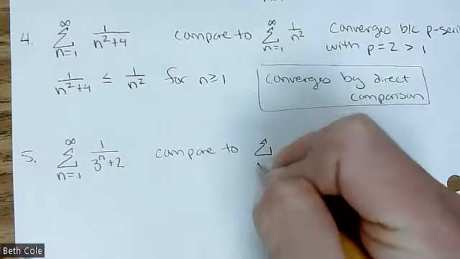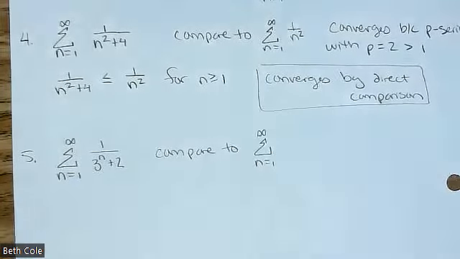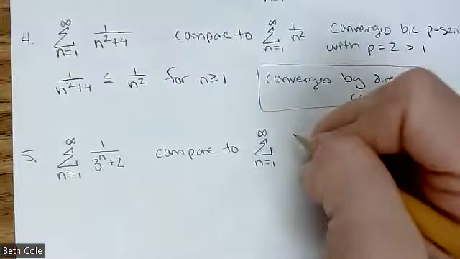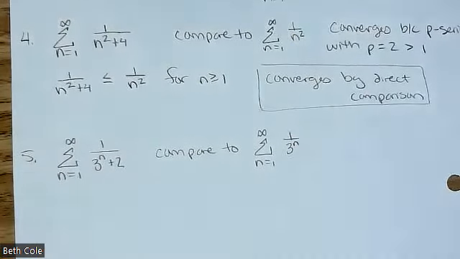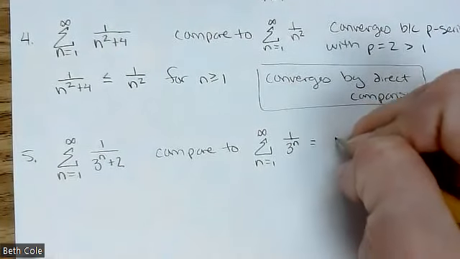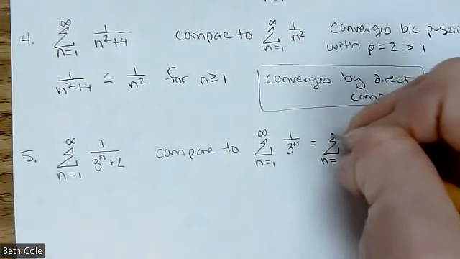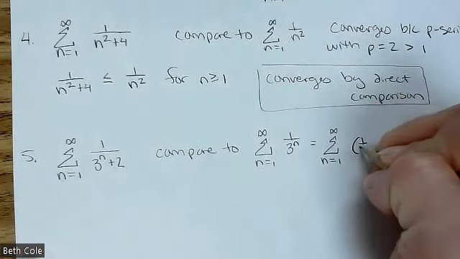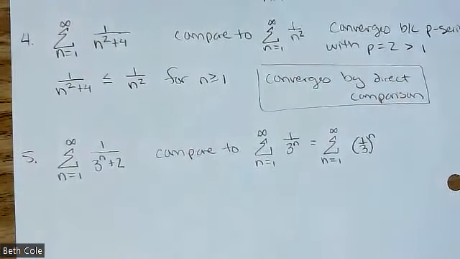So we're going to compare it to 1 over 3 to the n. I'm actually going to write that a little differently so that we can see it better. And if you can do that in your head, you don't need to rewrite it, but I would rewrite it as 1/3 to the n, because then it makes it easier to identify which one of these this is.